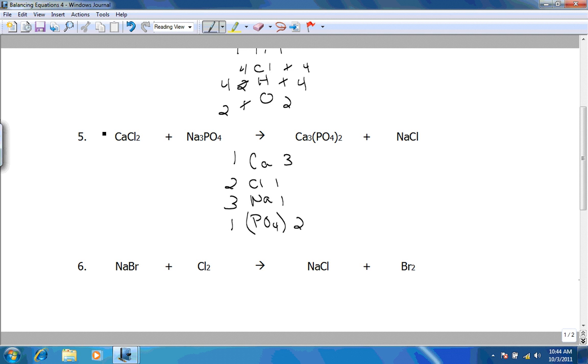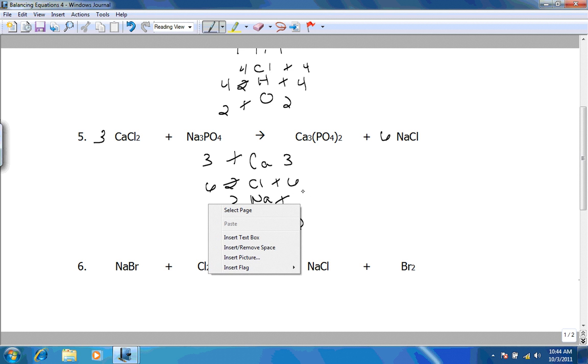So I'm going to multiply calcium chloride by 3 to make that 3 calciums, and that changes our chlorines to actually 6. So we have 6 chlorines on the left. I'm going to multiply NaCl by 6 in order to make our chlorine 6. That changed our sodiums to 6 now.